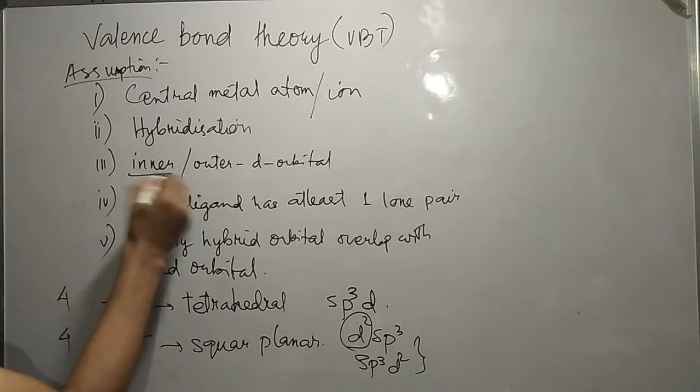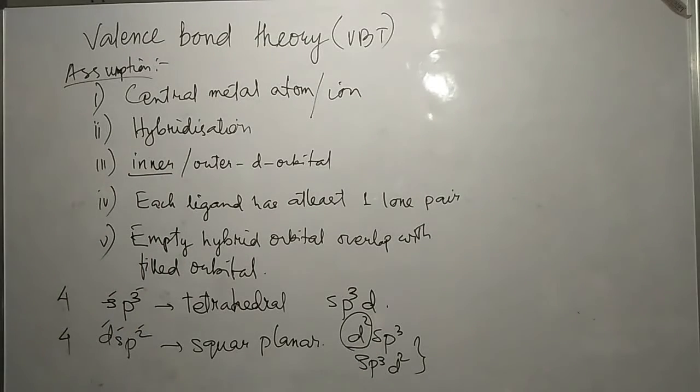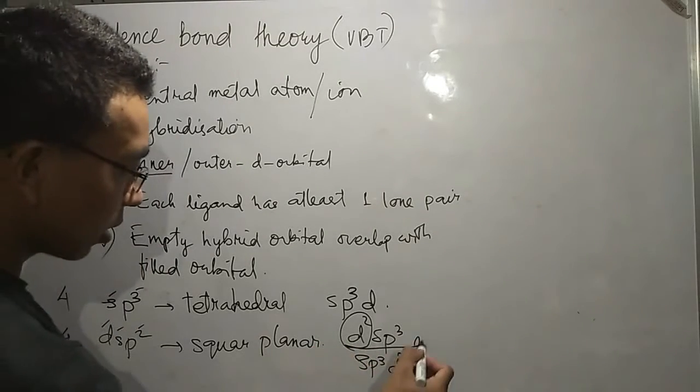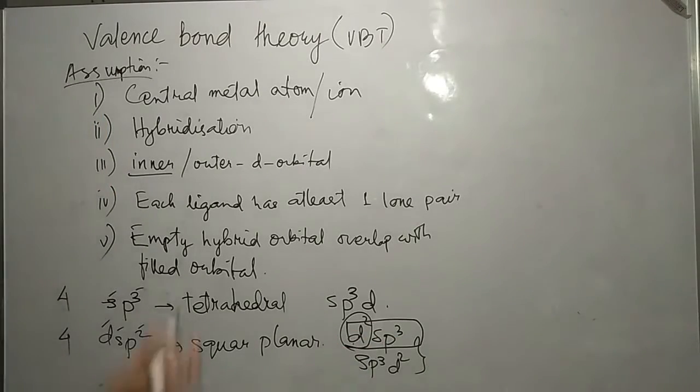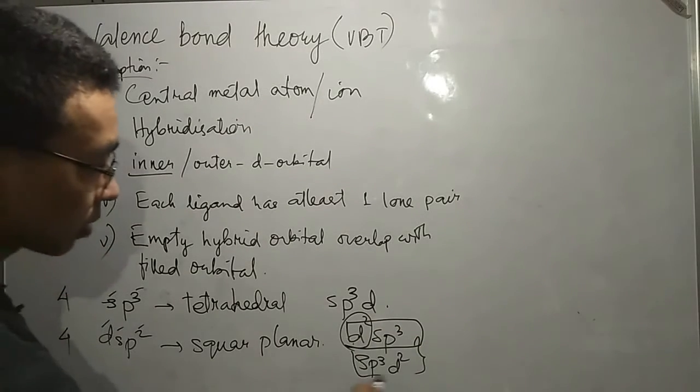If it is the inner d orbital, the hybridization will be d2sp3, and if the outer d orbital is involved in the hybridization, then it will be sp3d2.